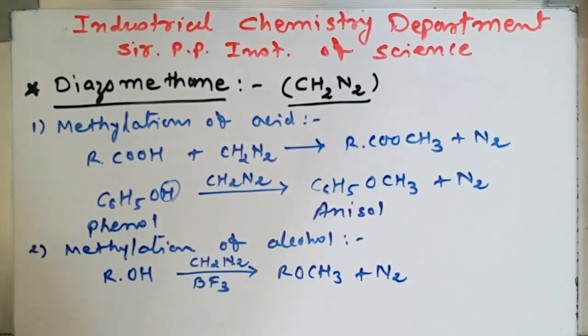So for alcohol, diazomethane in presence of ethyl boron trifluoride as catalyst gives a methylated compound.